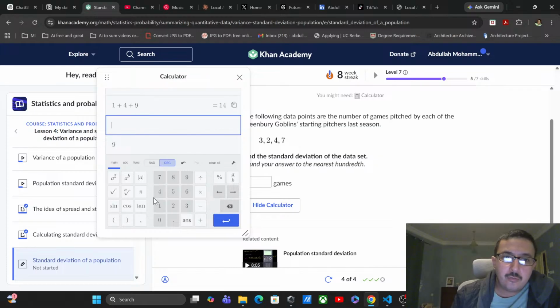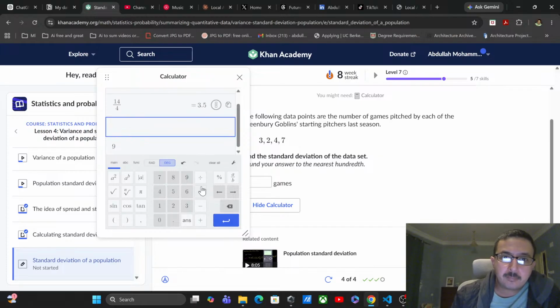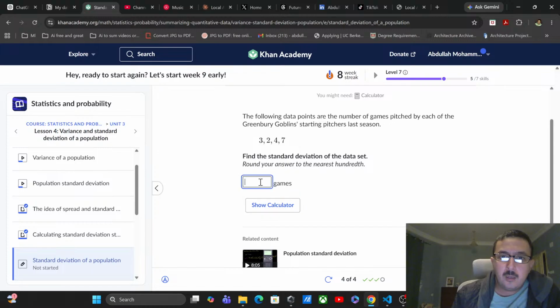So I got 14 over 4. I got the square root of 3.5, 1.87.